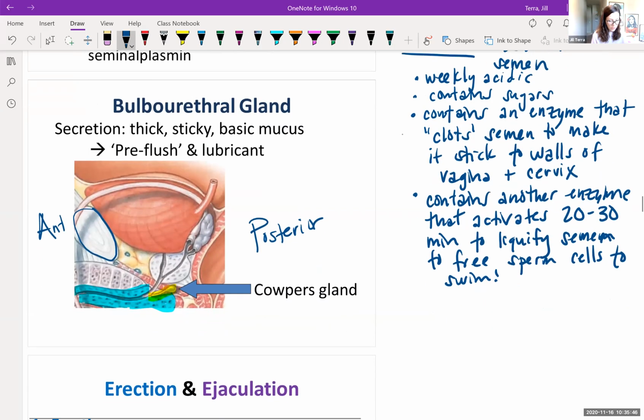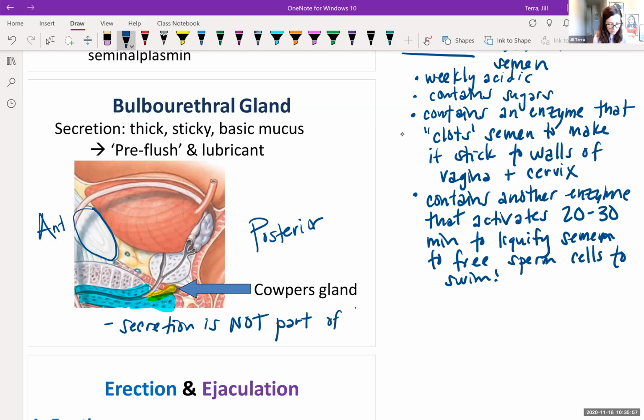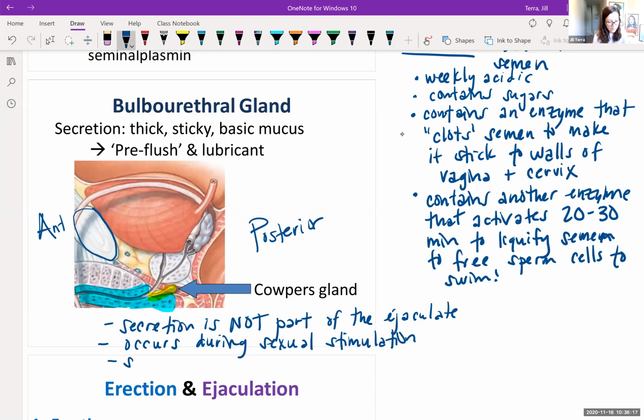And this secretion is not part of the ejaculate. Okay, the secretion happens before ejaculation, so basically during sexual stimulation. And the secretion is basic or mucus-like.